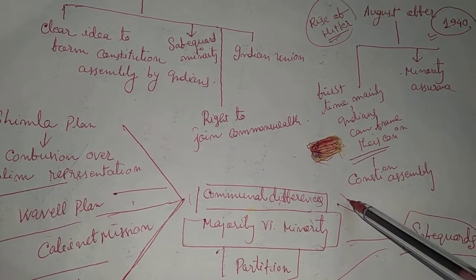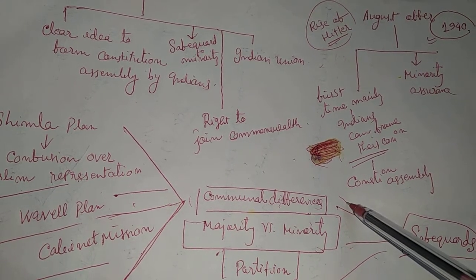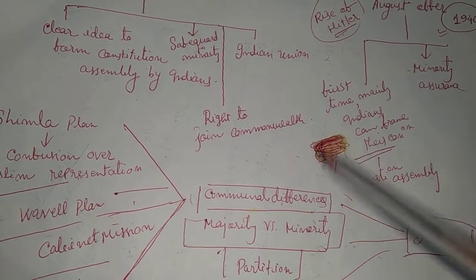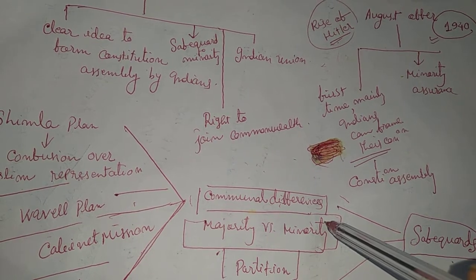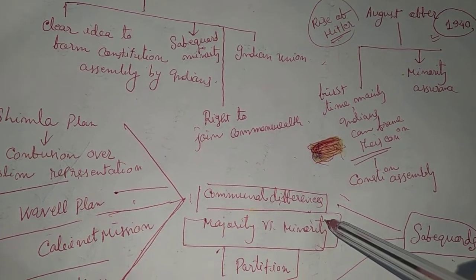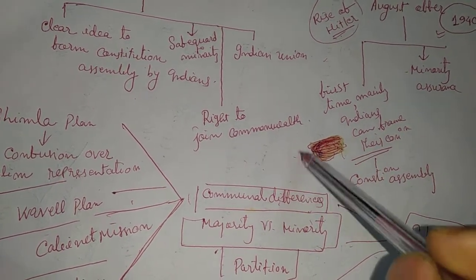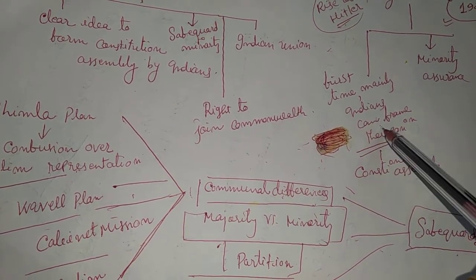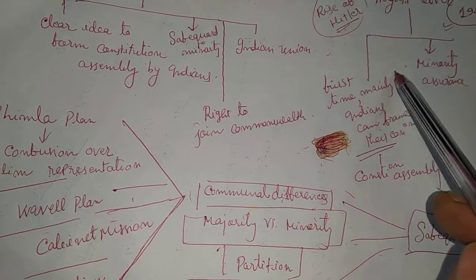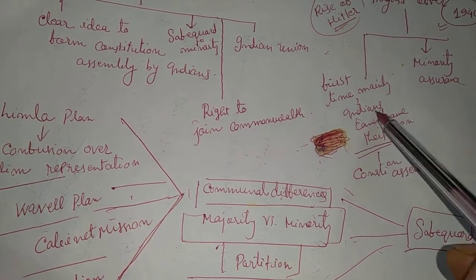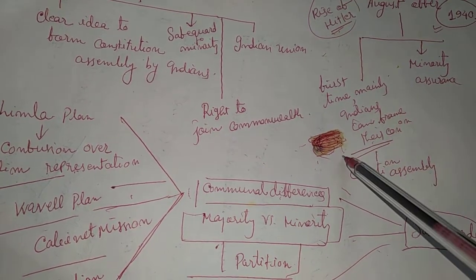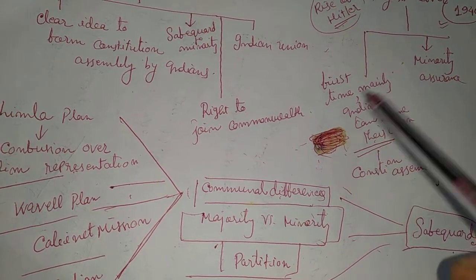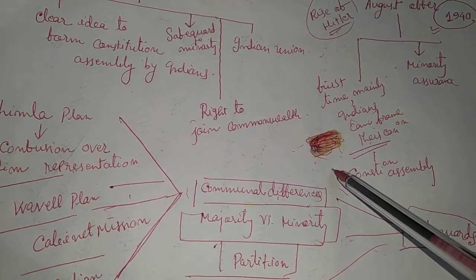The British did not say anything about complete independence, but they agreed up to some point to form a constituent assembly, and that too for the first time by the Indians, though not totally Indians. For the first time in the August Offer, it was said that mainly Indians would decide and form their own constituent assembly.